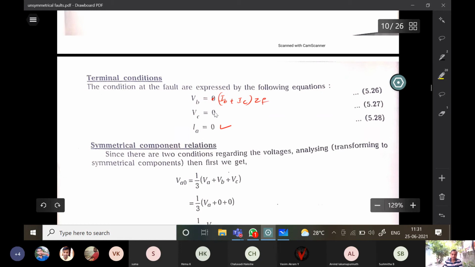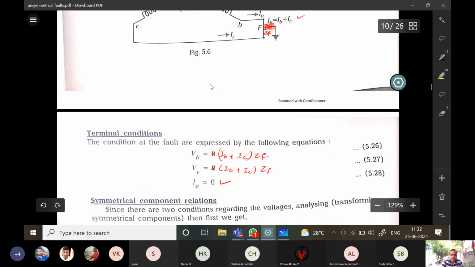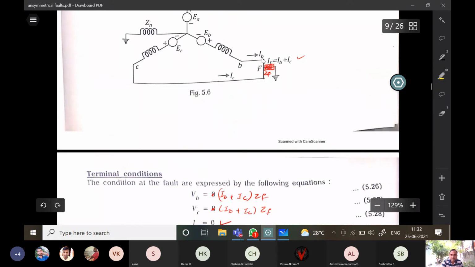VC is also equal to (IB plus IC) including ZF, because the fault impedance is present here. Whenever you are measuring the voltage from EB to EC, there are two currents flowing here, IB and IC. IB plus IC multiplied by ZF.